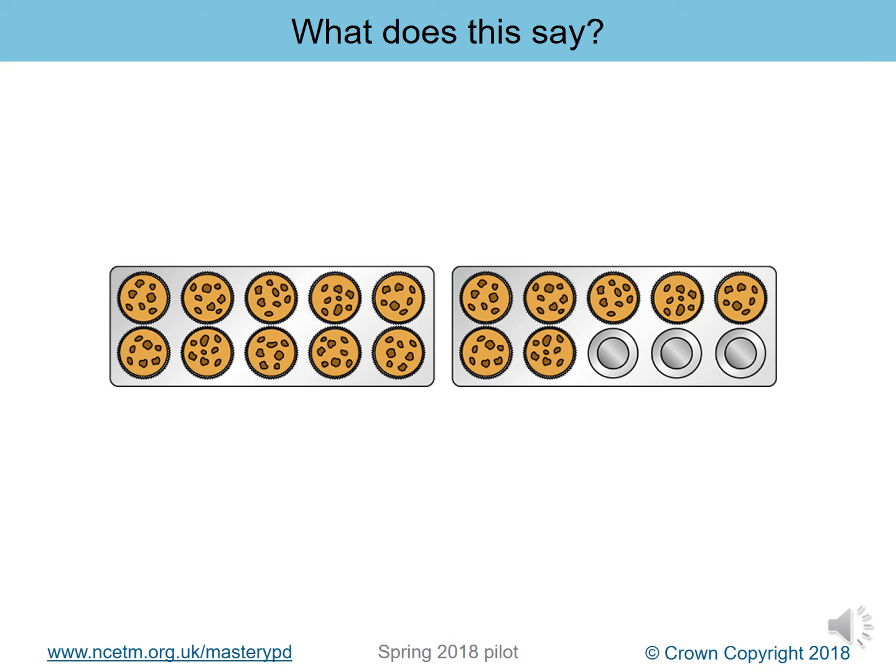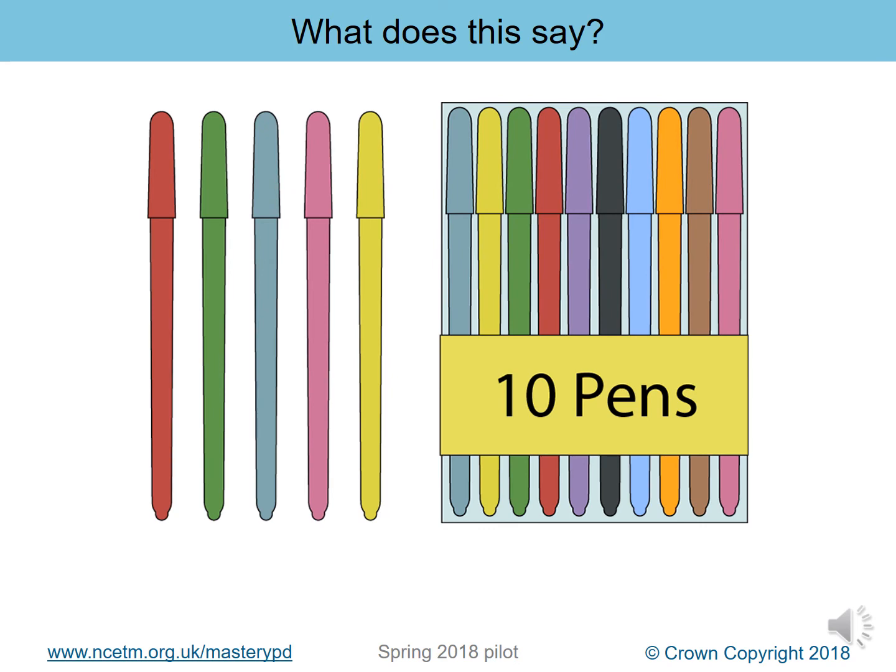I want you to write the number sentence, or the number and what we would do if we pulled that number apart. So it is 10 add 7, which equals 17. We've got a full 10 and we've got 7 ones, which is 17. What about now?